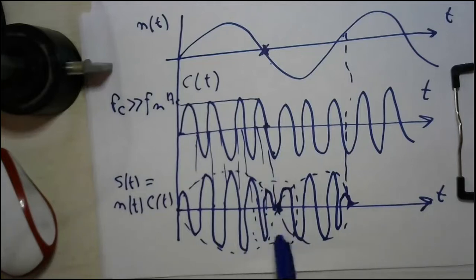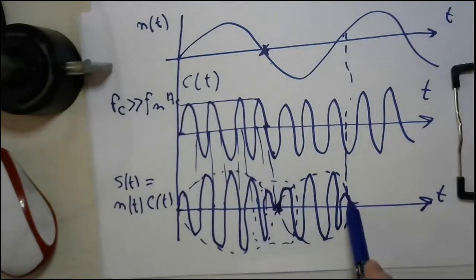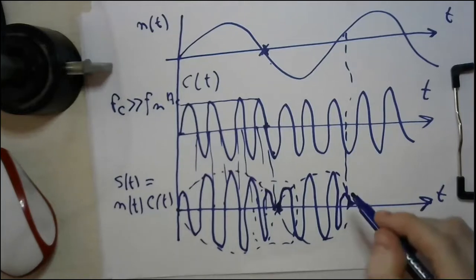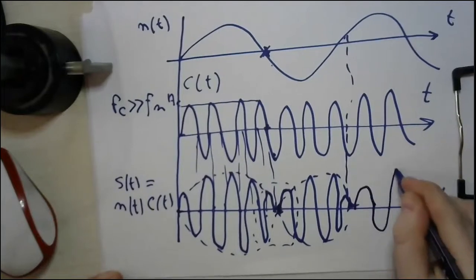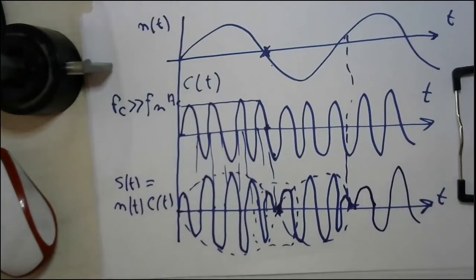So this is not a preferable way to detect your message, because now you have a discontinuity, and of course this discontinuity will continue to appear whenever you have a new 0 with m of t. So this is somehow a problem with the modulation.